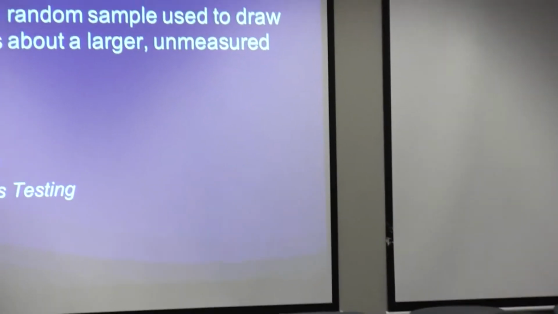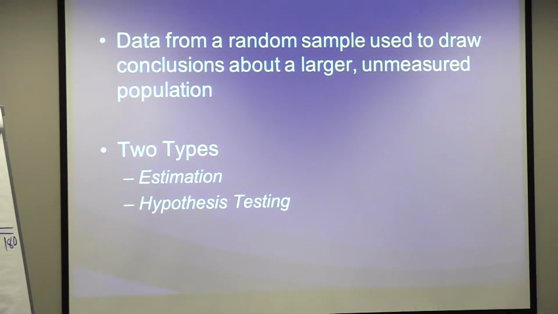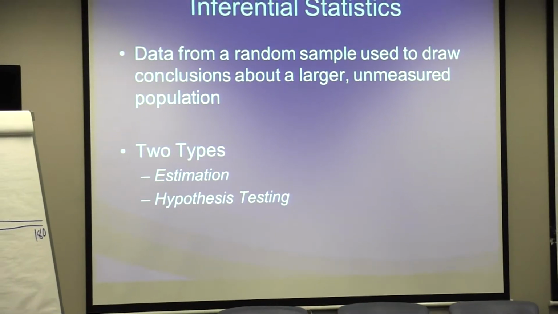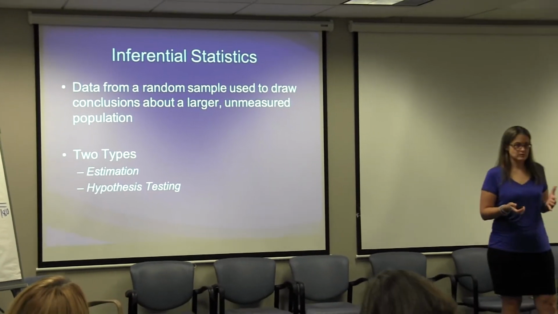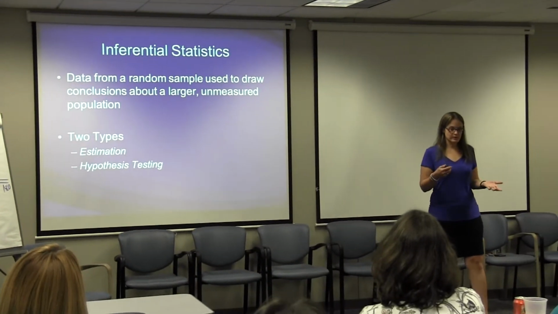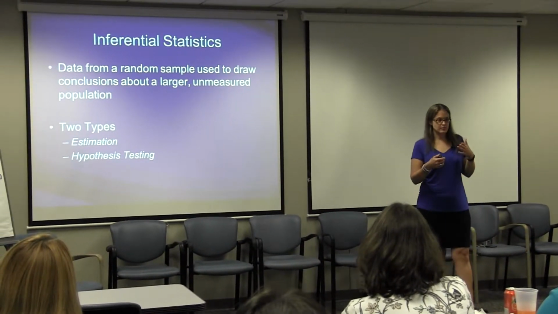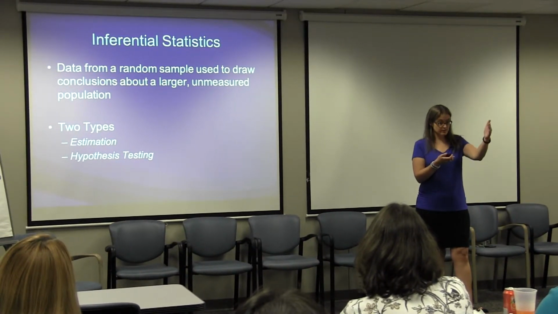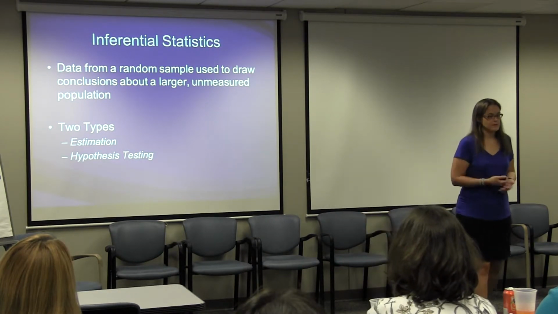So that's kind of a good segue into inferential statistics. As it says here, when you're doing inferential statistics, you're using data in a sample that you probably are the one who defined, to hopefully make inferences or draw conclusions about the population.